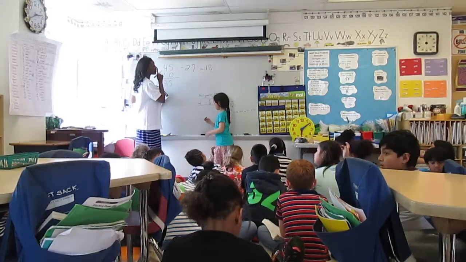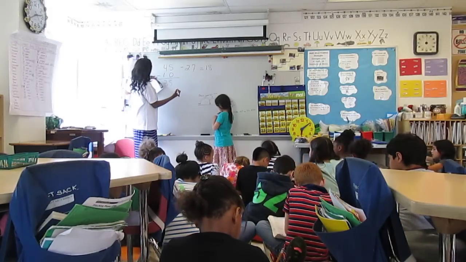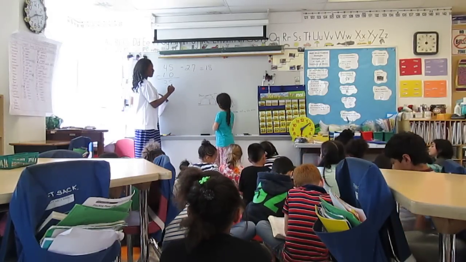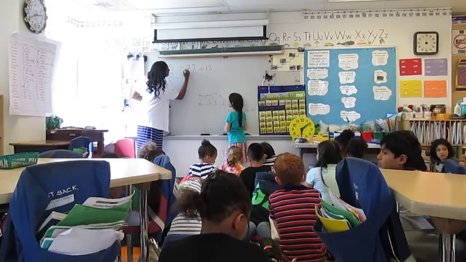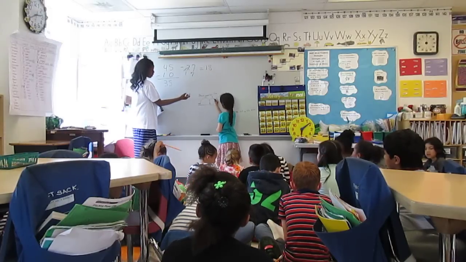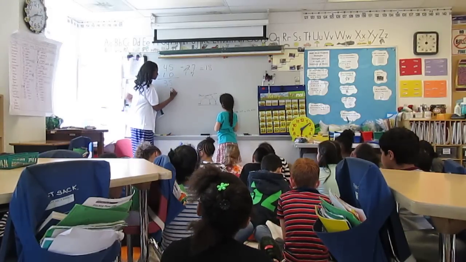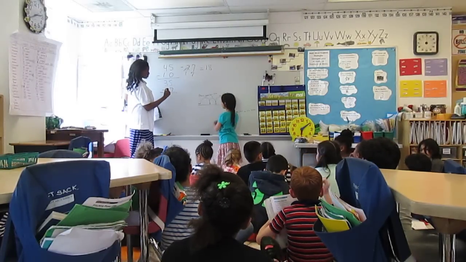We already subtracted the 10. So what else do we have to subtract now? Right, now we only have 7. So now we have to subtract the 7. Melanie says she subtracted the 7 and she got 27.